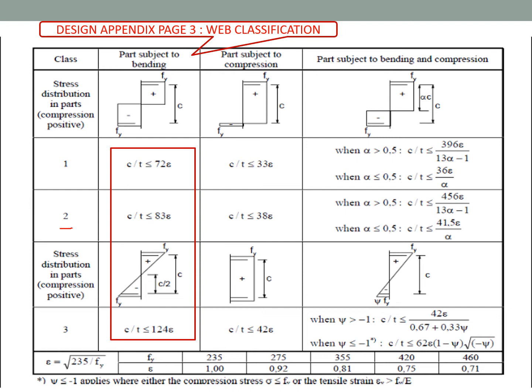Similarly for class 3, if the ratio is between 83 and 124 epsilon, the section is class 3. If it is greater than 124 epsilon, it is automatically class 4. Epsilon is given at the bottom. Epsilon is the square root of 235 divided by Fy, where Fy is the yield strength of the section.